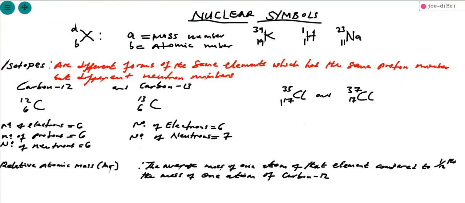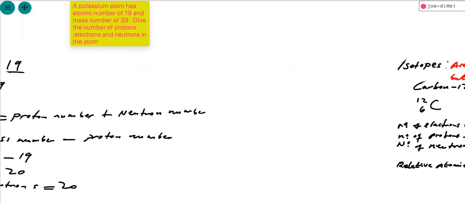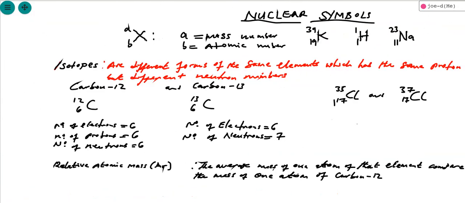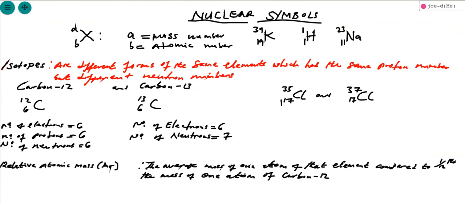Okay, now with that, let's go back to our previous screen. Let's look at nuclear symbol. Now, the atom of every element is normally represented by a symbol, and from the symbol you can determine the atomic number and the mass number of that particular atom.